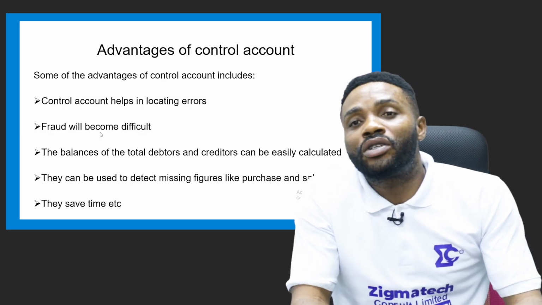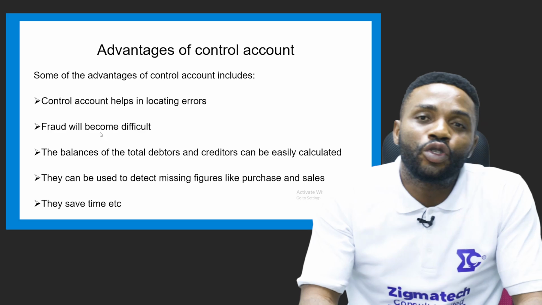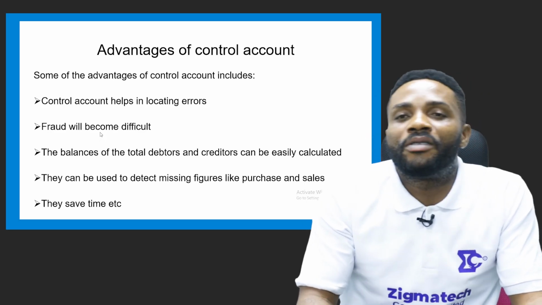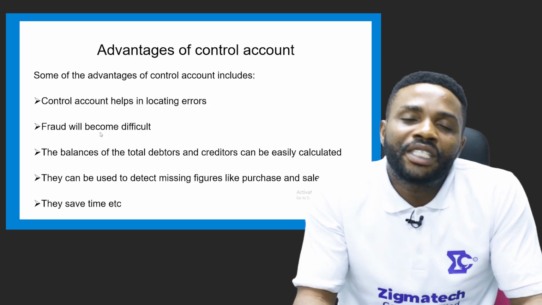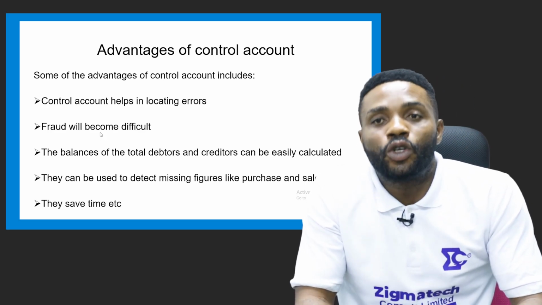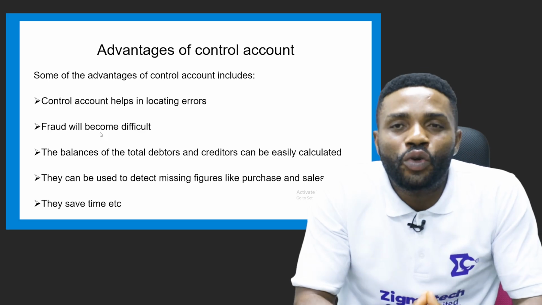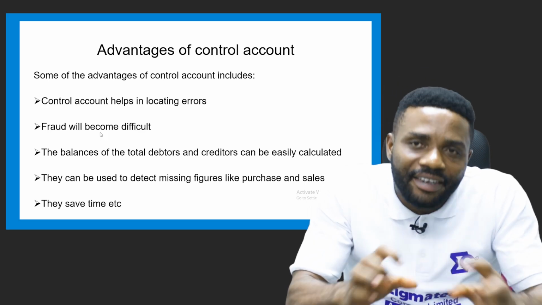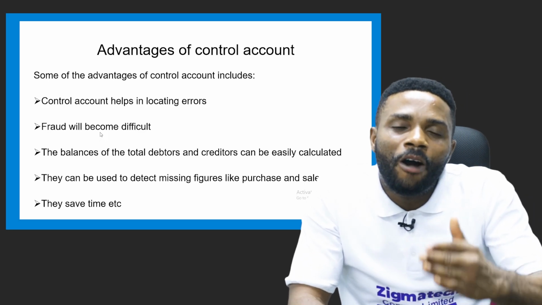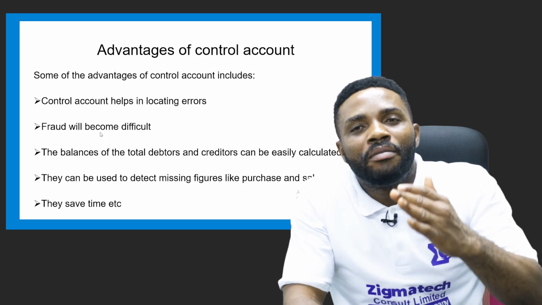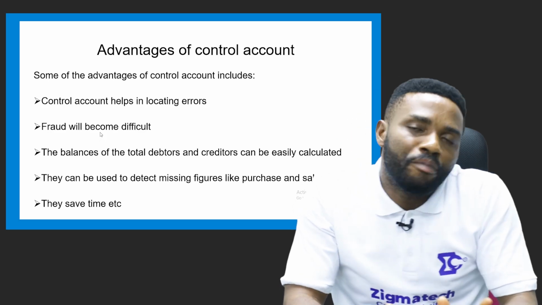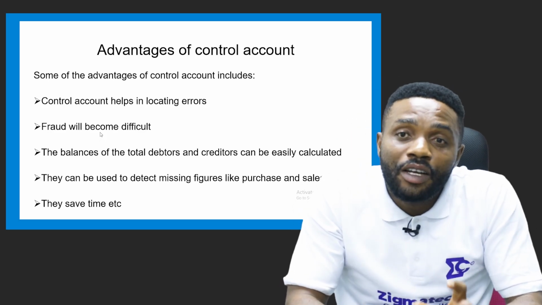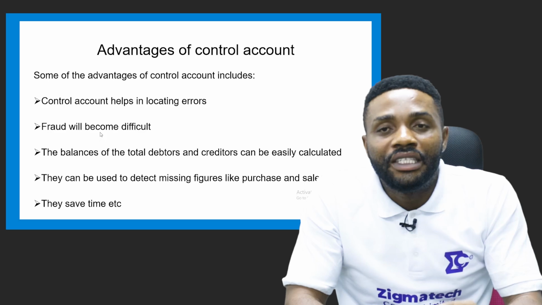He can decide to record 3 and then go behind closed doors to check on the 4th person and take the money from the 4th person for personal reasons. But when a control account is there, it is going to give you an X-ray of the number of persons that actually bought on credit, or the number of persons that are debtors to the company. So because of this, fraud will become difficult.